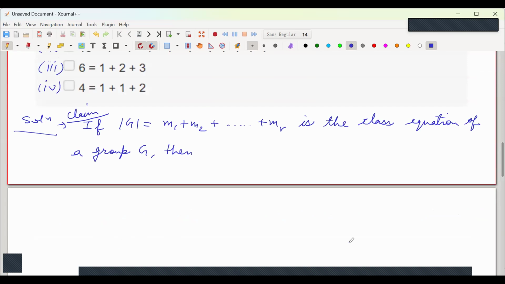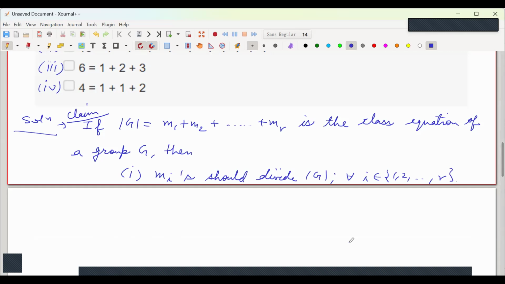So first part is m_i should divide the order of G for all i belonging to 1 to r, right?